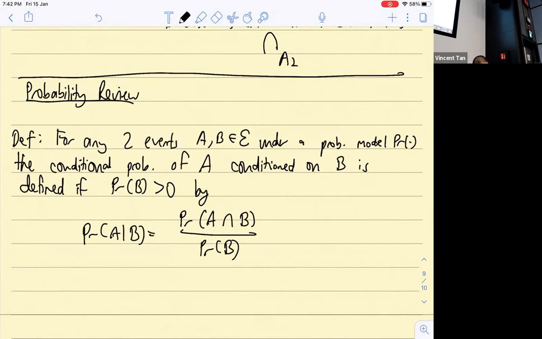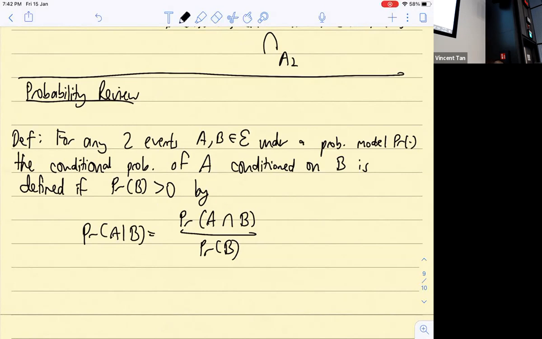Conditional probability of A given events that have 0 probability can very well be defined, but we will not need it for this class, because we are going to talk about applications of probability. For the case where this is equal to 0, it requires us to talk about measure 0 sets, which is beyond the scope of the class, okay? So here we have to be sensitive.